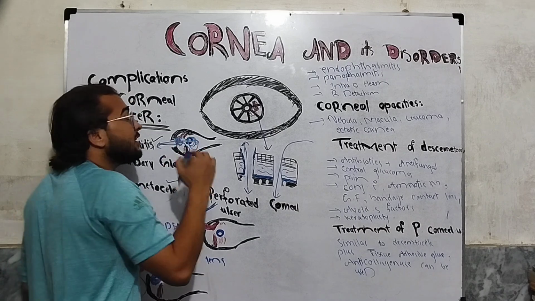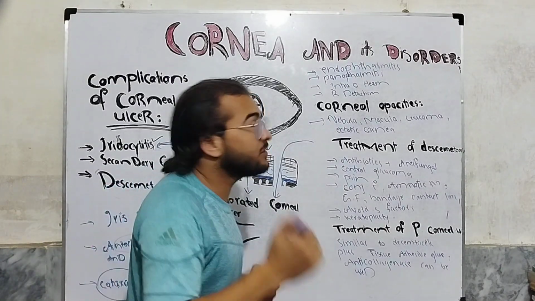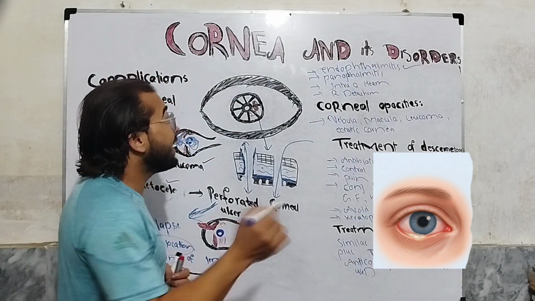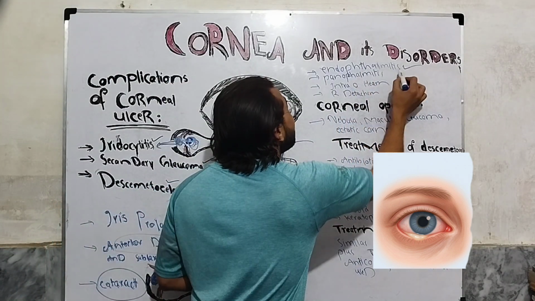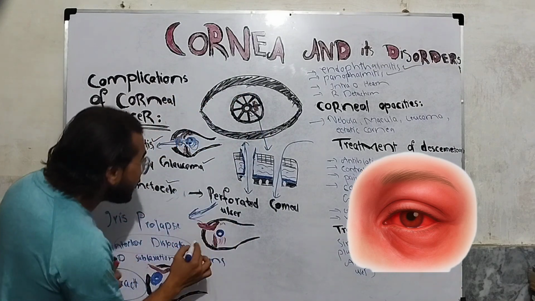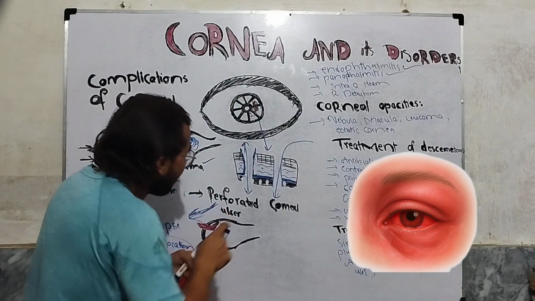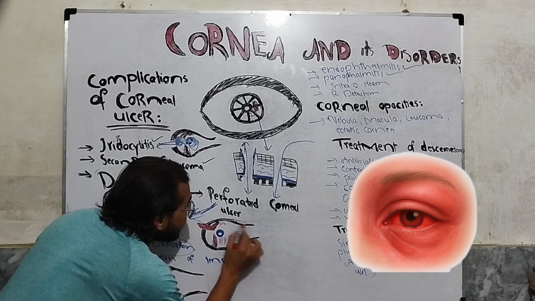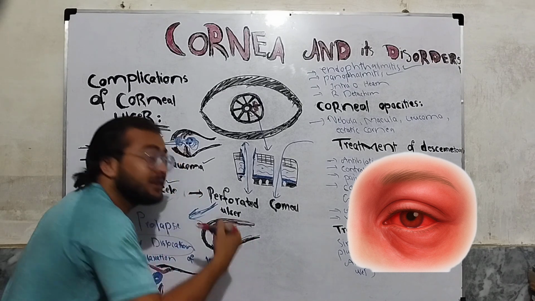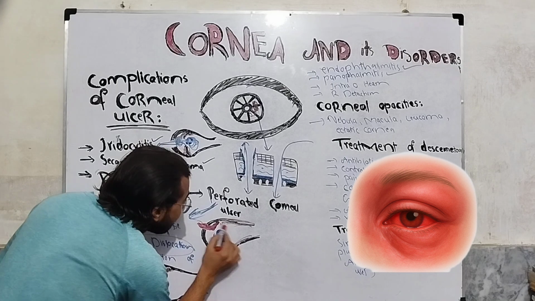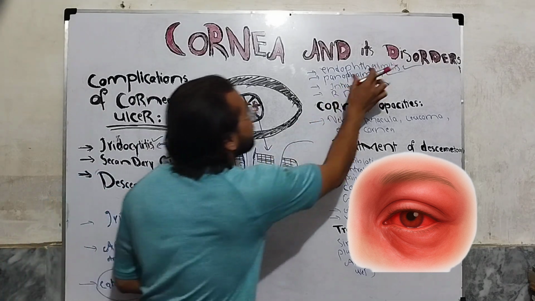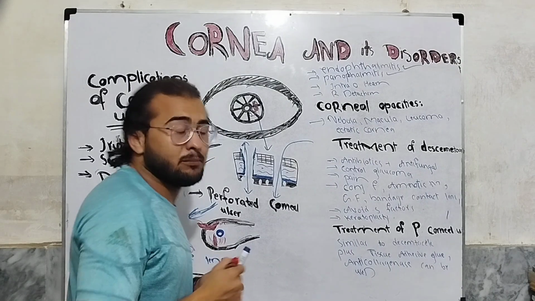Okay, so this inflammation of intraocular cavities is called endophthalmitis, which is a serious complication, because this endophthalmitis can progress to panophthalmitis, in which the entire eye layers will be inflamed. So the eye layers, the retina, the choroid, the sclera will be inflamed, which is called panophthalmitis, and it is a serious complication. Okay.